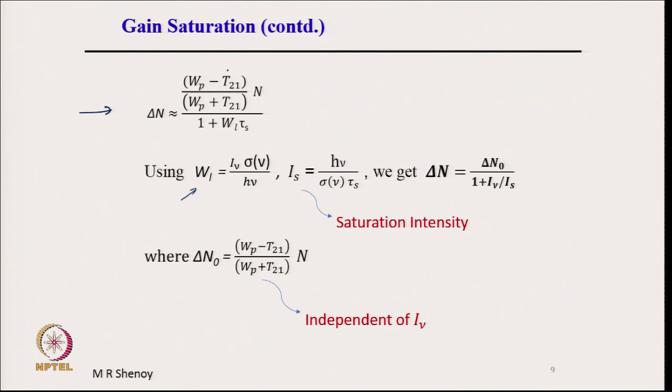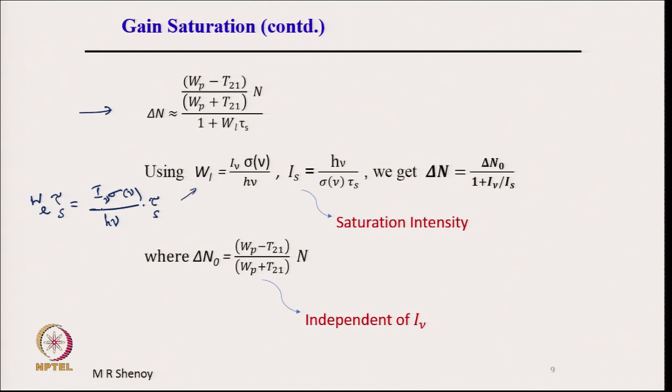So we call everything in this numerator delta n 0, and WL into tau s. So WL is here. So maybe I can write here WL into tau s in the denominator is equal to, this is the definition of WL, sigma of nu into h nu into tau s here.